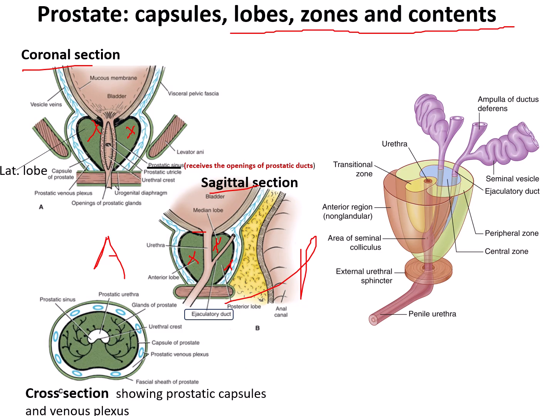Here is a cross section of the prostate, where you can see that the prostate is surrounded by a capsule, and then outside there is another capsule from fascia, and between the two capsules you can find the prostatic venous plexus, which drains to the internal iliac vein.